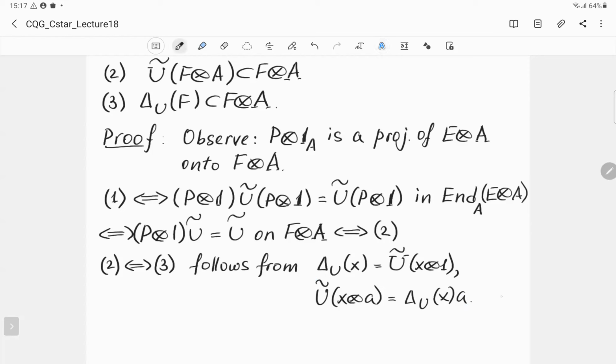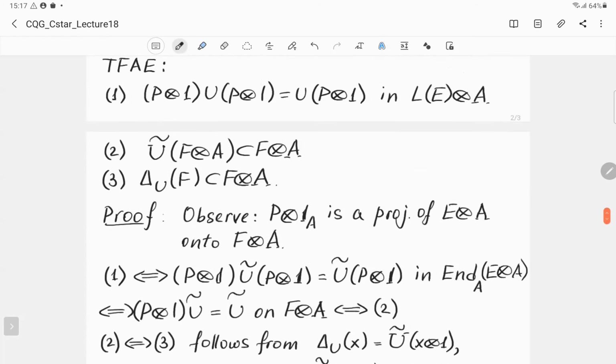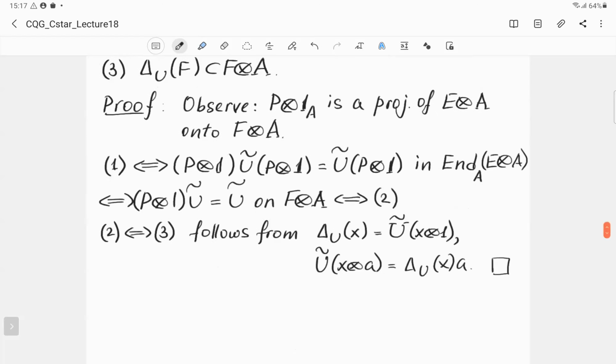Okay, so we see that conditions 1, 2, and 3 are equivalent. And if they are satisfied, then we say that F is a U-invariant subspace.